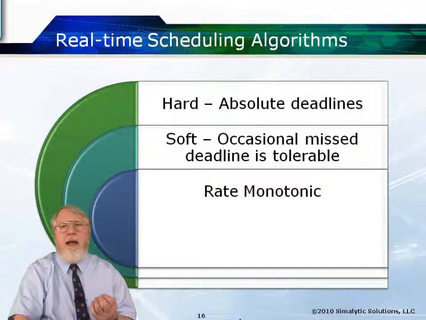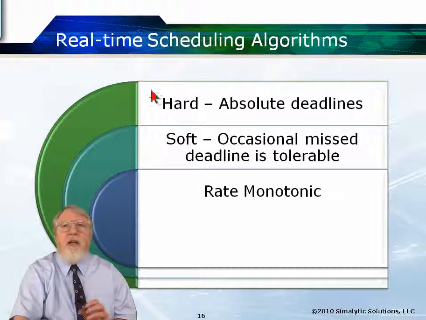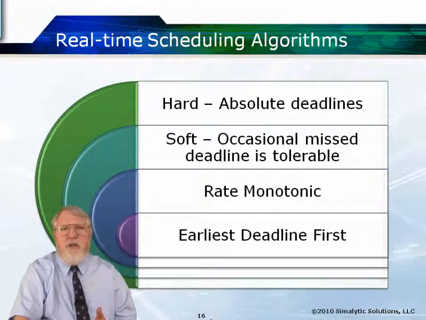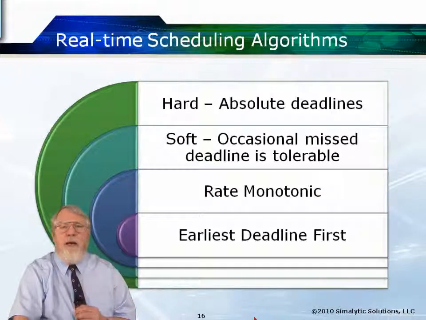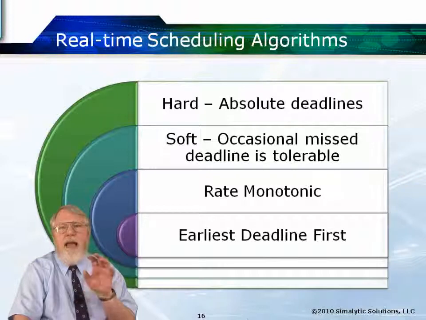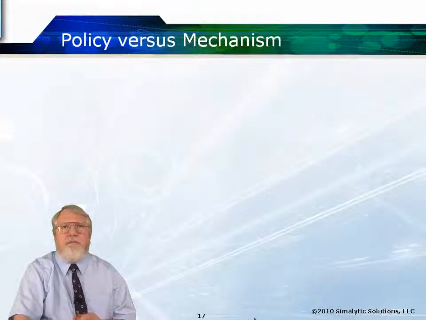It has to react in such a way as to guarantee the completion of certain tasks by the deadlines for whatever the requirements are. And there's earliest deadline first. So these two scheduling algorithms we'll look at in a little bit to see just how they're different and how they can meet or not meet certain deadlines.